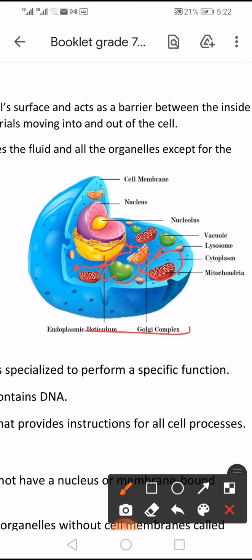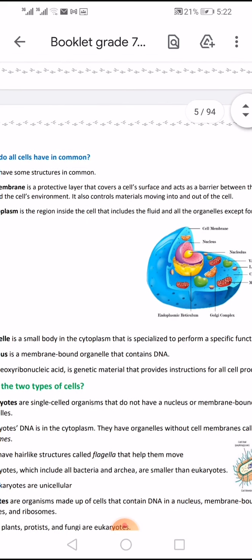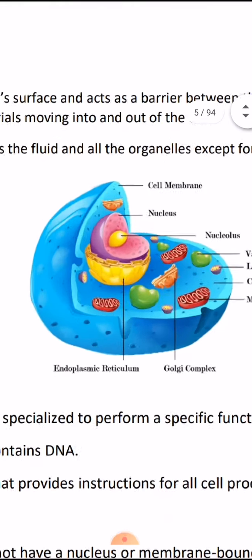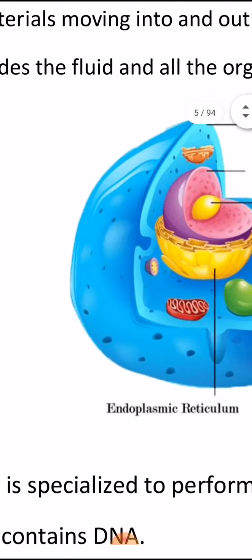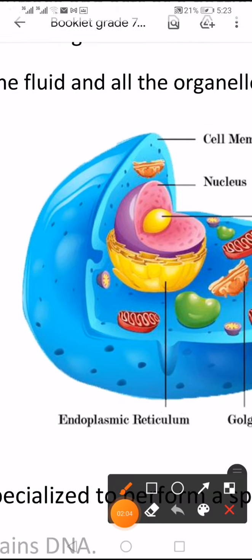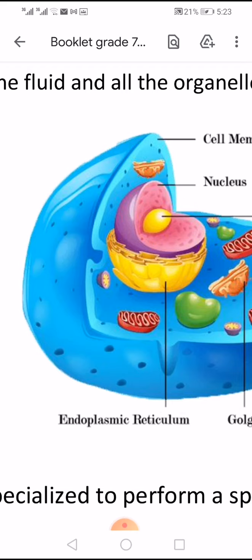So it's the region inside the cell that includes the fluid and all organelles except for the nucleus. Cytoplasm carries all organelles except the nucleus.